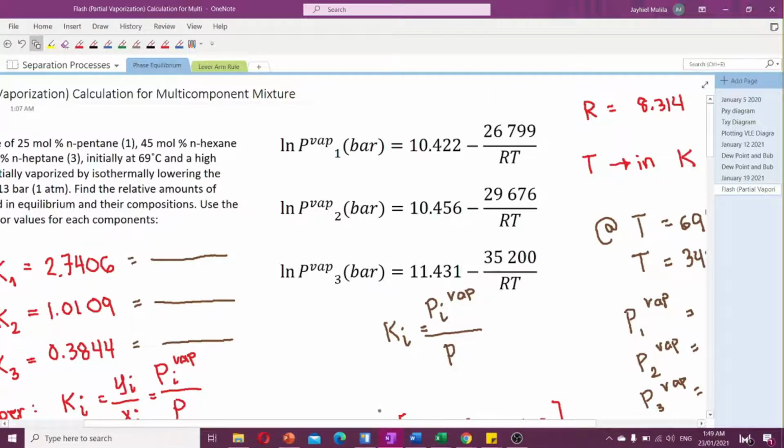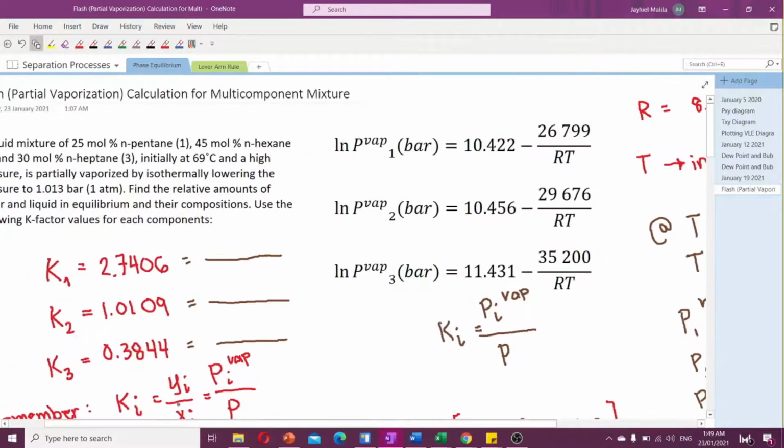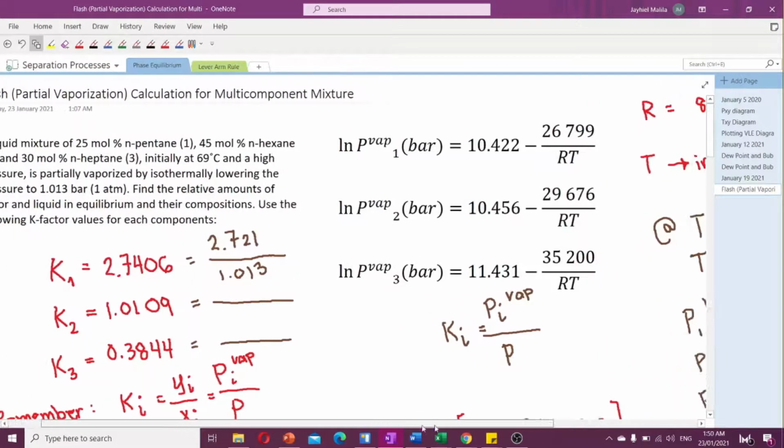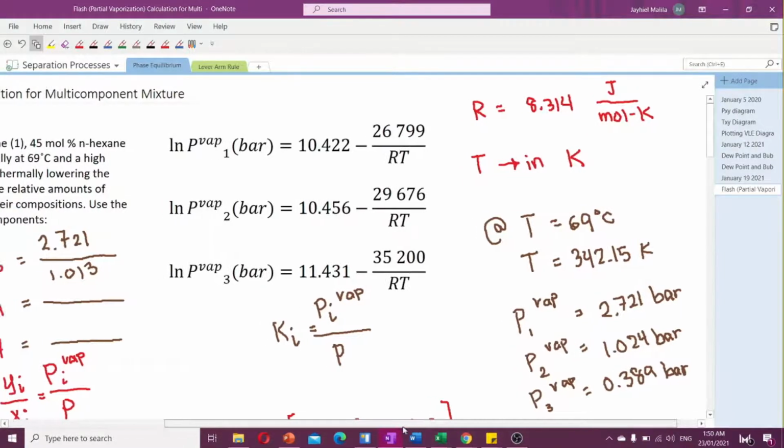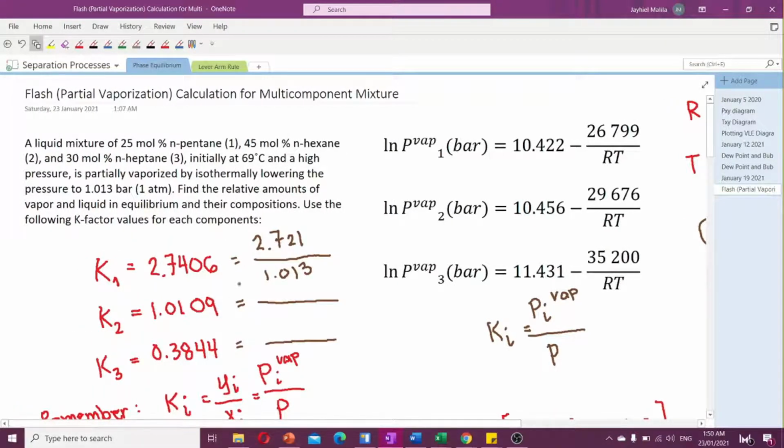Okay, let's try. 2.721 over 1.013. If we solve that one, more or less the same value, but 1 atm.